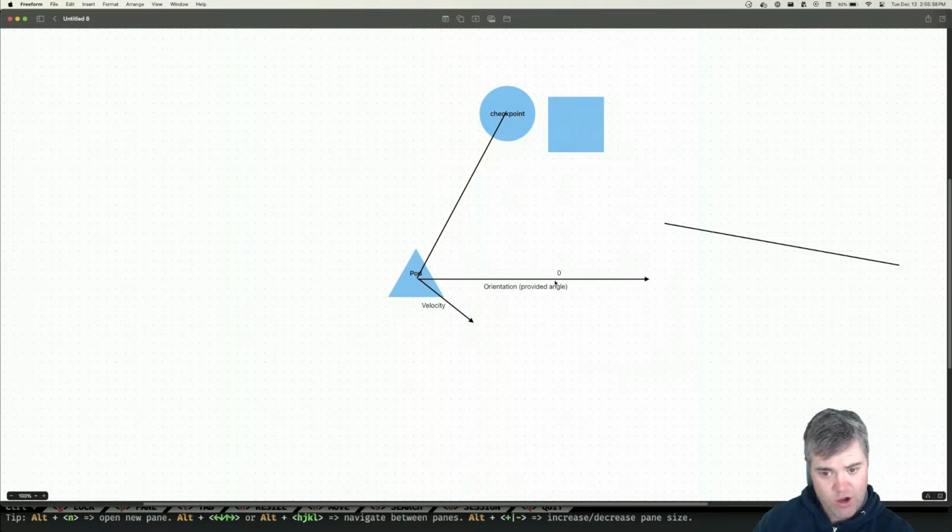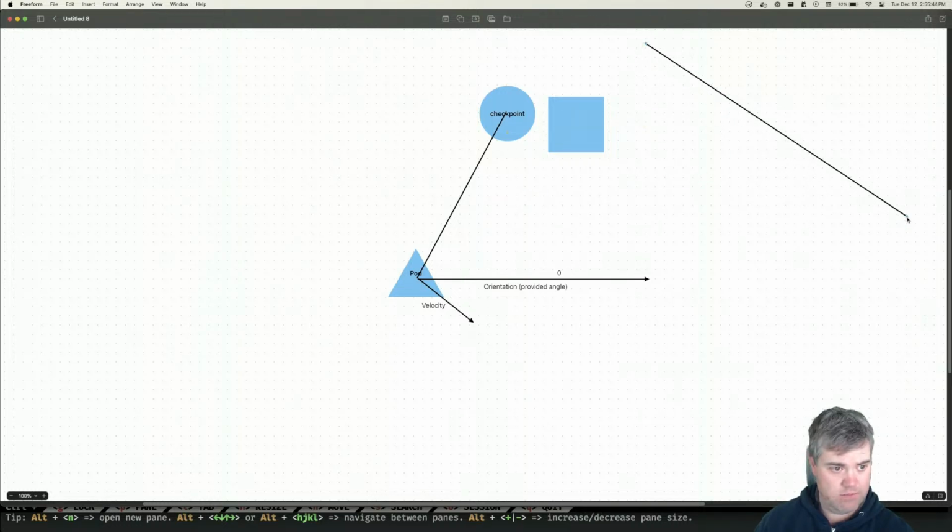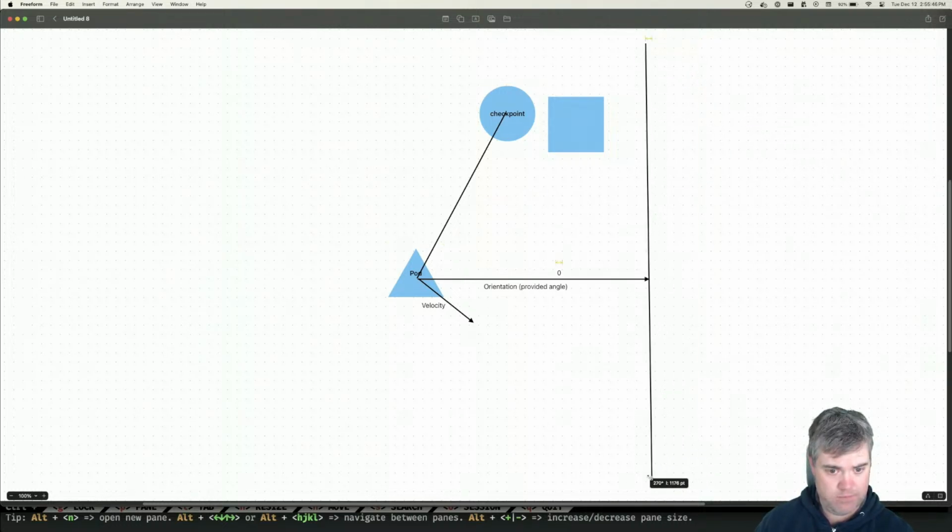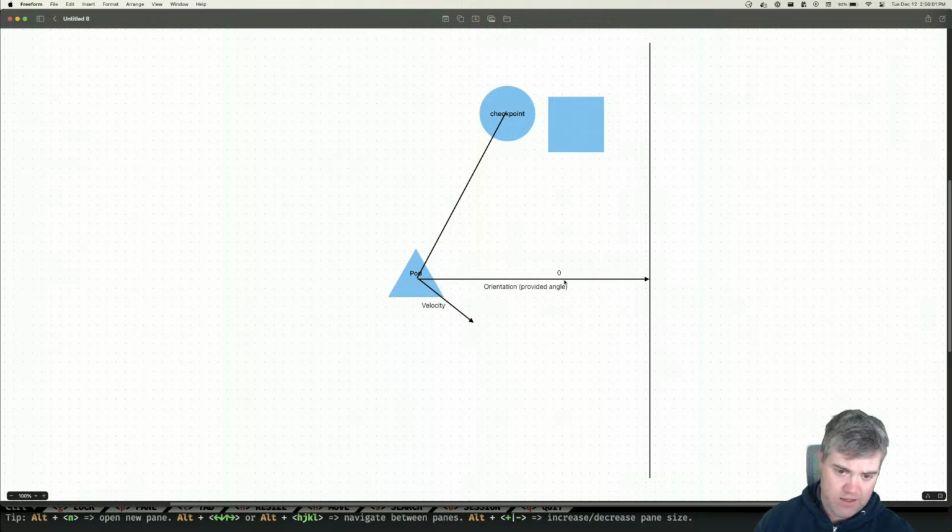So if I go all the way to the right to the edge of the arena, we know that this position is the max X in the arena, 0. But I can probably just choose an arbitrary number, can't I?